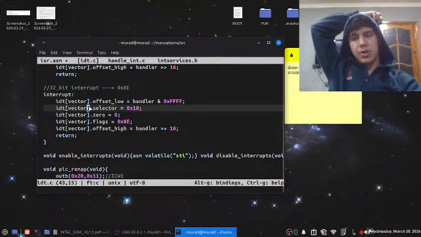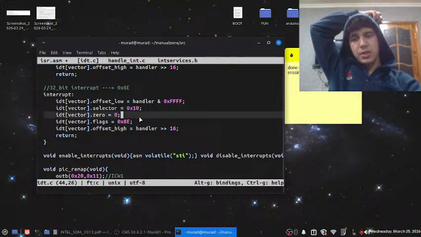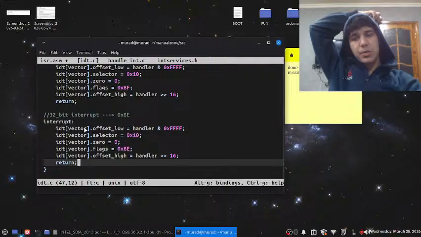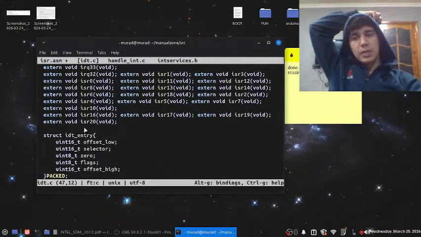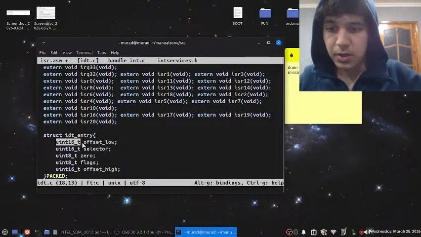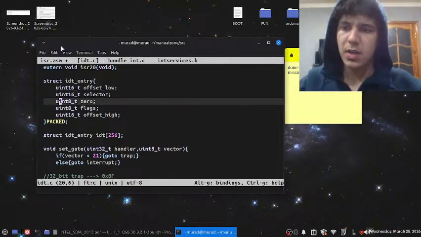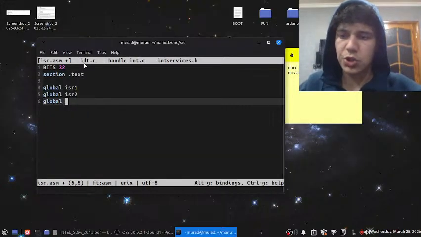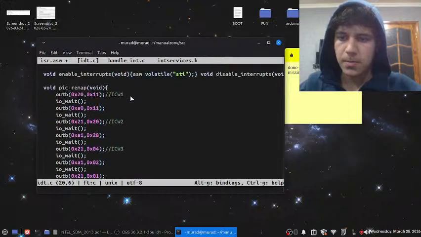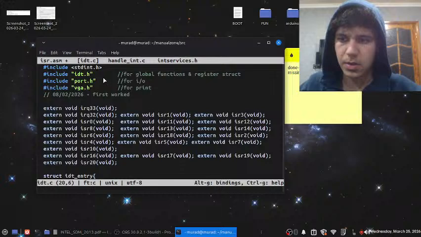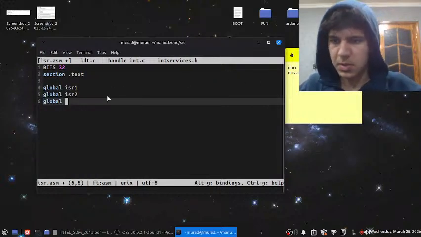IDT vectors are here, and there are some bitwise operations, segment selector and handler's address here. Like IDT wants from us a 16-bit, a 2-byte offset low, and 0 something here for giving a general protection fault, and not much things. Always keep the system simple.